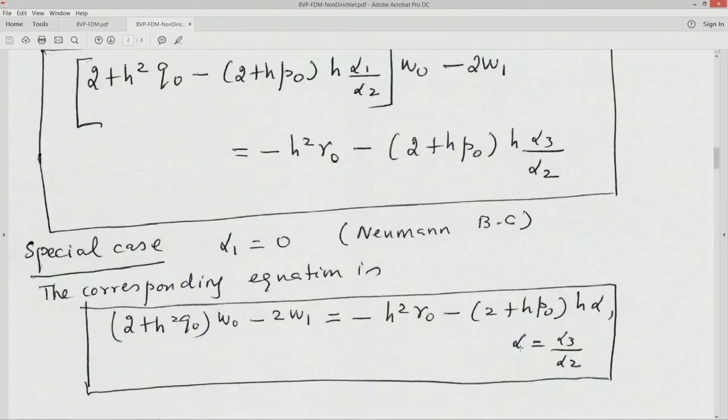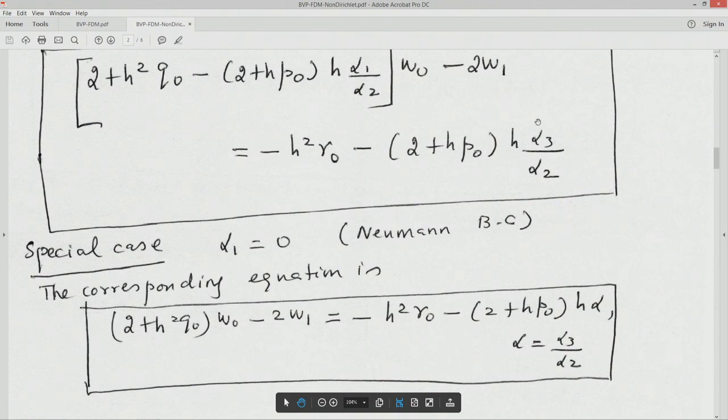So, that gives you the equation as this. So, if a Neumann boundary condition is specified as the first boundary condition, then the finite difference equation that should be used and should be incorporated in the algebraic system is given by this.